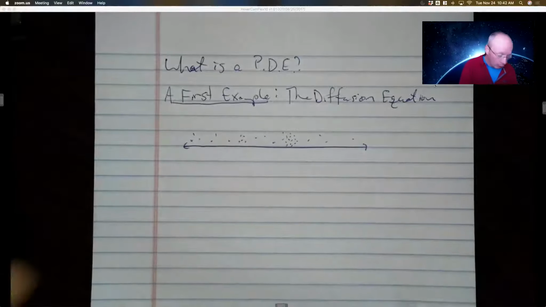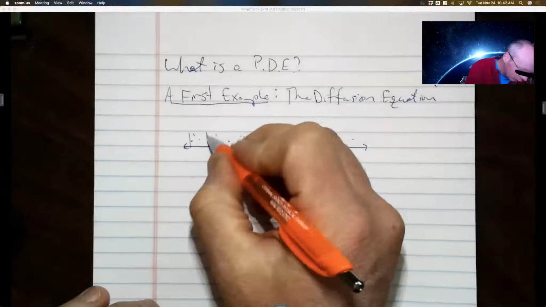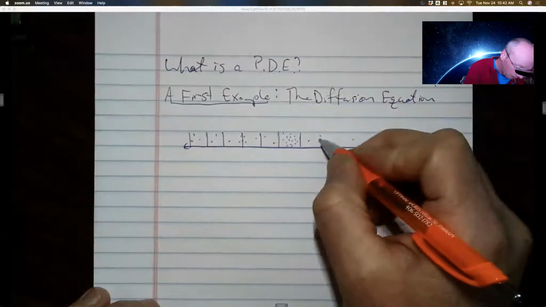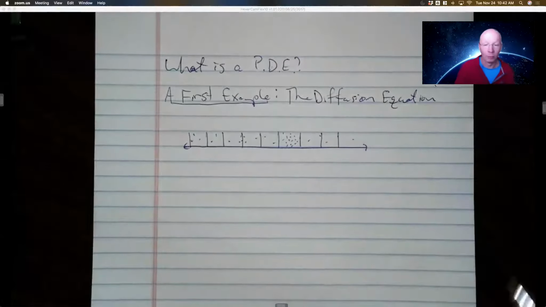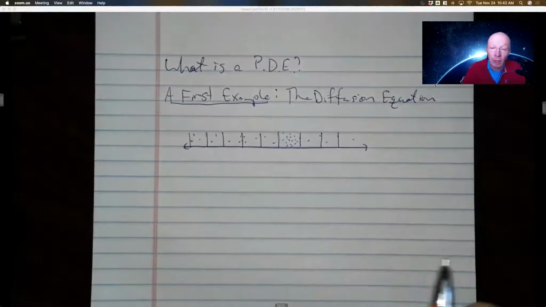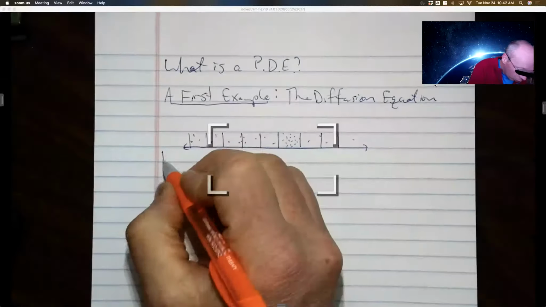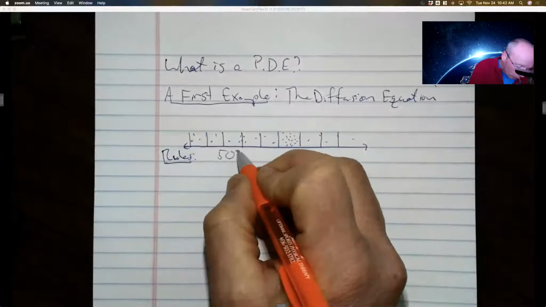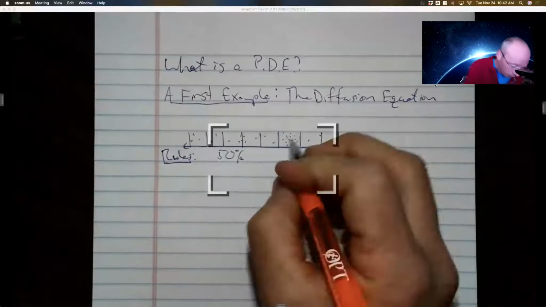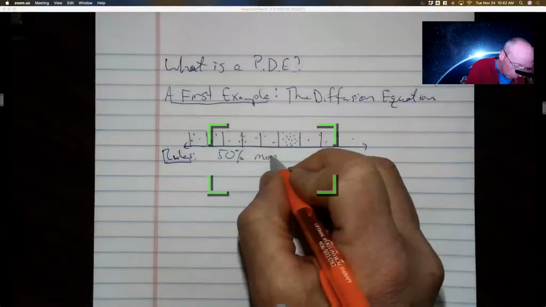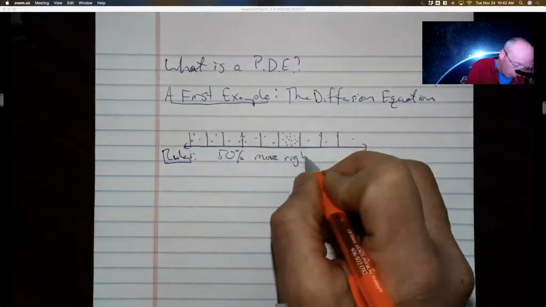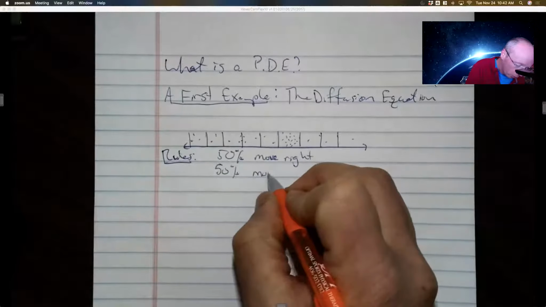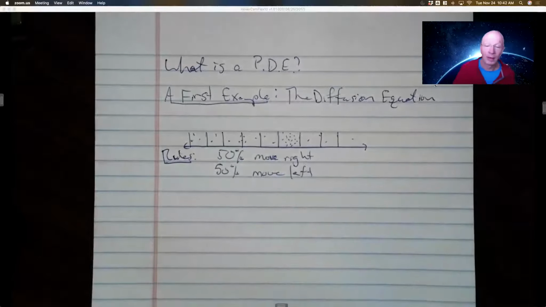Now, what I'm going to do is split this into a discrete collection of subintervals, roughly the same size, and we're just going to have a couple of rules. The rules are that 50% of the particles move right, and 50% of the particles move left at any time interval.